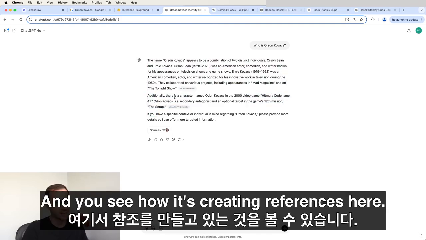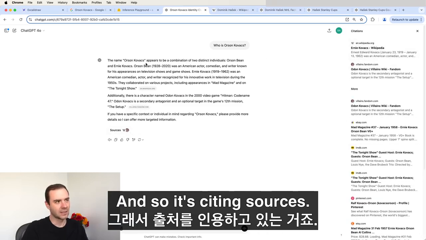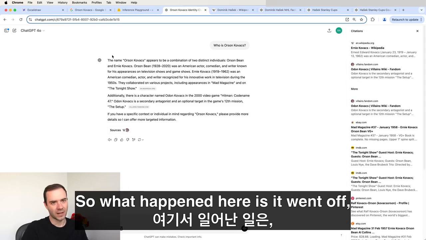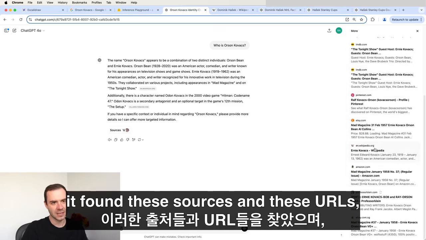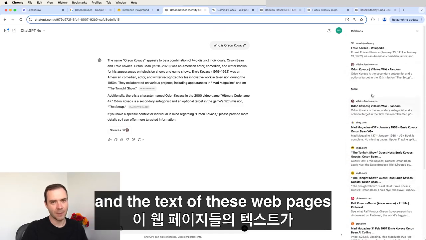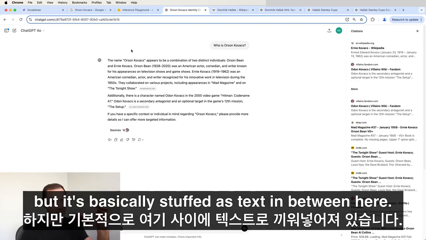And you see how it's creating references here. So it's citing sources. What happened here is it went off, it did a web search, it found these sources and these URLs, and the text of these web pages was all stuffed in between here. It's not shown here, but it's basically stuffed as text in between here.